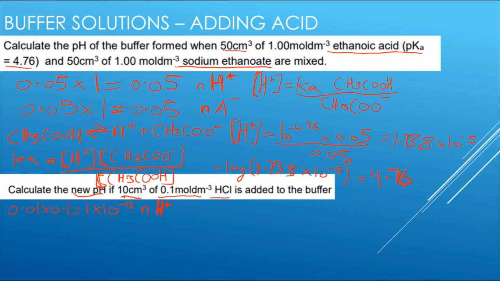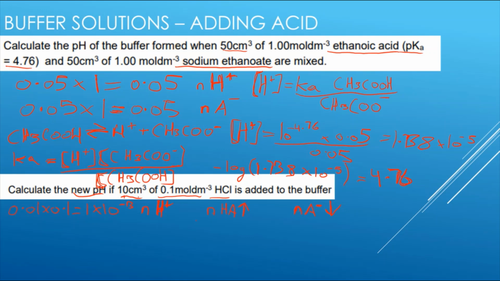Then to find the moles of acid and the moles of the ethanoate ions, what we need to realize is that when we add an acid, the moles of the acid that we already had would increase, because we are adding H+ ions, so we end up forming more of the HA. And the moles of the ethanoate ions we had, or the salt we had, will decrease when we're adding H+.